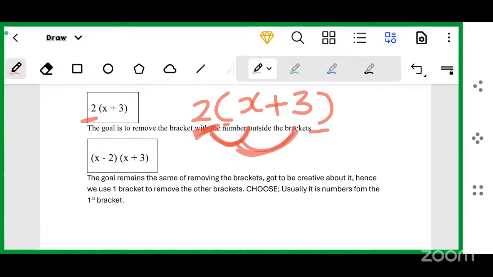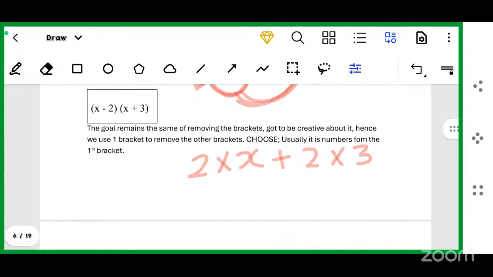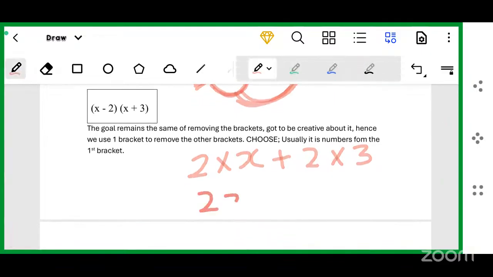So what you're going to have is 2 multiplied by x plus 2 multiplied by 3. And the final answer here is going to be 2x plus, you multiply this, I think it's going to be 6. You get me for that one?